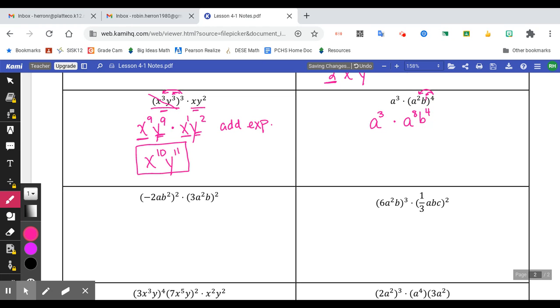Okay? Now, this is a multiplication, so I'm going to add exponents here. A's are the same, so they're the two that are being added together. 3 and 8 give me 11. And b to the 4th is by itself, so it just drops and stays the same. These can't be combined, so there's my answer.